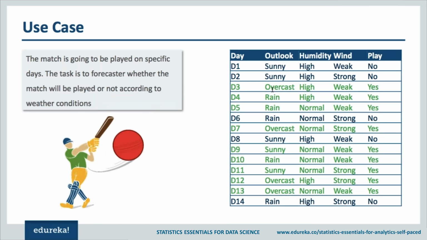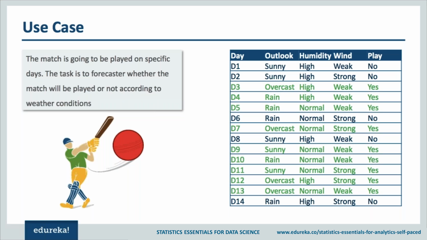Let's see. I have a use case where a match is going to be played on specific days. The task is to forecast whether the match will be played or not according to the weather conditions. So we need to make a prediction here. And for that, we have a data set available with us, which has 14 values, one for each day. And that has a few parameters like outlook, which may be sunny, overcast, rain.